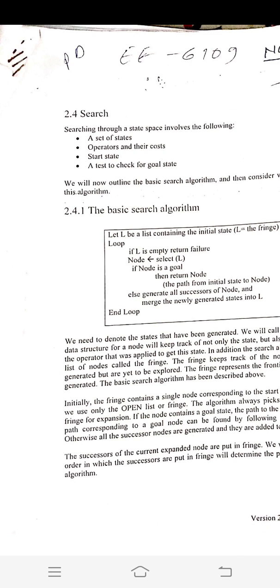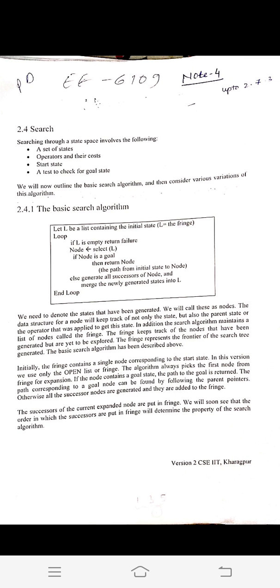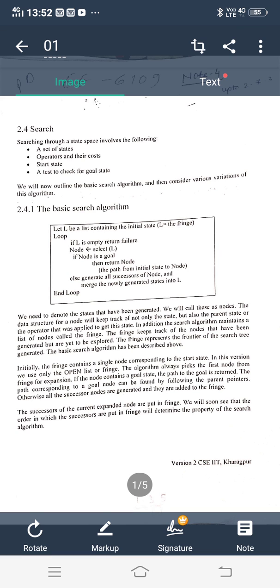Now the basic search algorithm is shown in the box format. Here it says let L be the list containing the initial state, where L is named the fringe. Now loop. If L is empty, return failure.